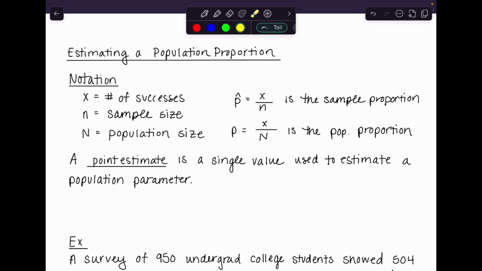This is a single value. So our sample proportion is a point estimate of P, which is the true population proportion. And we know that this is unbiased and it's our best estimate for the population proportion.